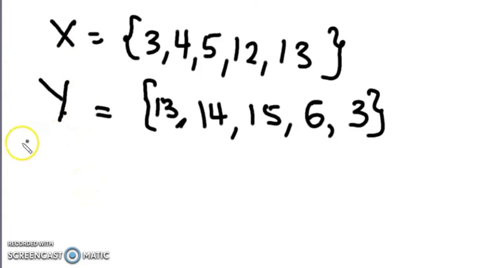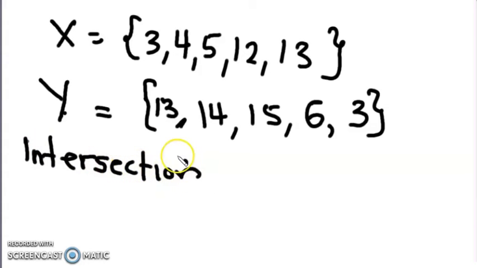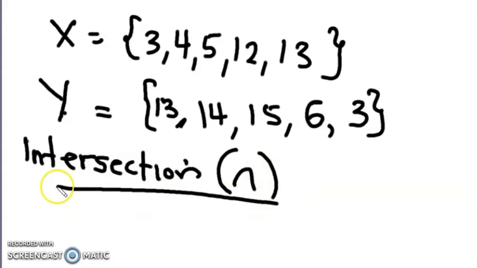Alright, the next operation we'll perform on these sets is called the intersection. And we use this symbol to represent the intersection of sets. X intersection Y are just elements that are in both sets.